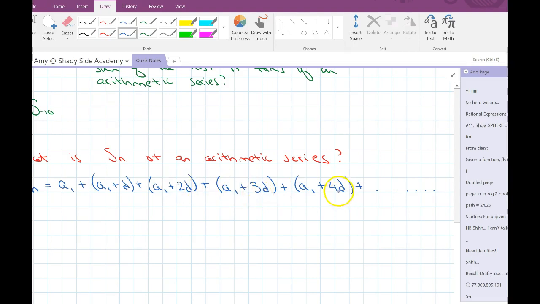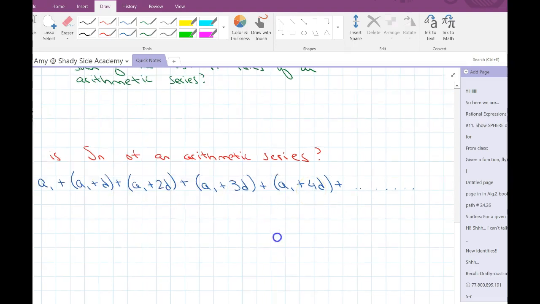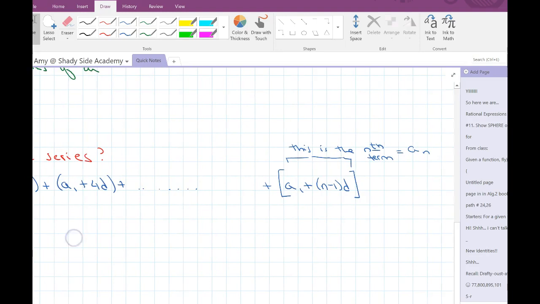In other words, the number of d's you add decreases in this direction, but increases in this direction. That means this is the a sub nth term. What's the term right before it? It is a sub 1 plus how many d's? Did you hear what I said? Yes, plus n minus 2 d's.